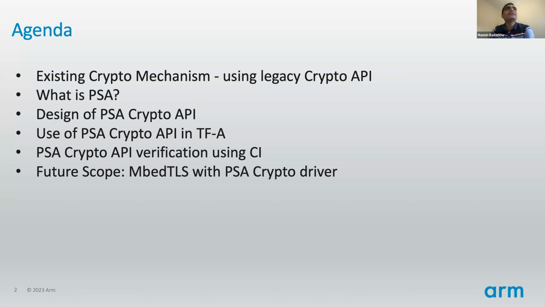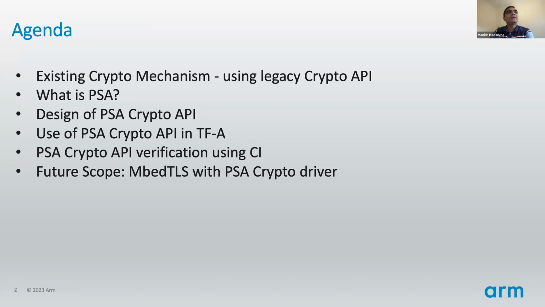In this presentation we will go through the existing crypto mechanism, that is, what exactly the current legacy crypto APIs are that we are using in Trusted Firmware, and how these are leveraged using the mbed TLS library.